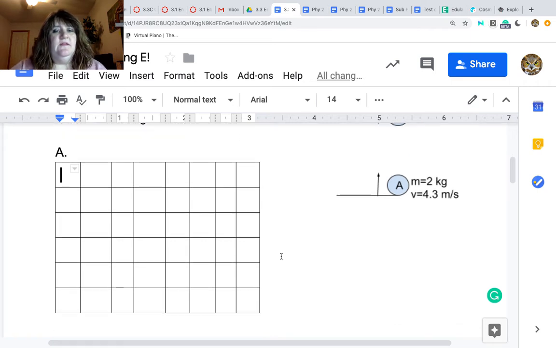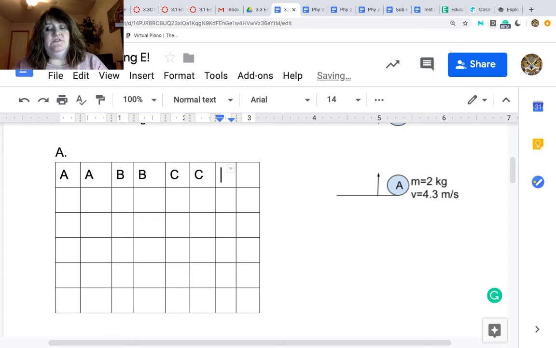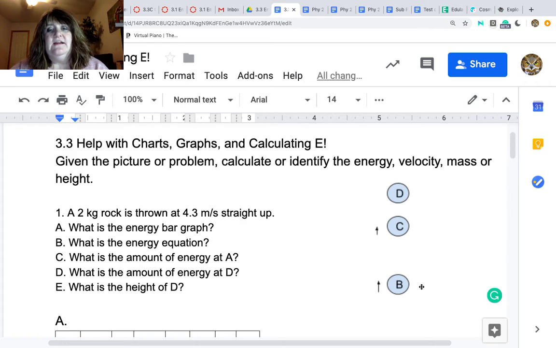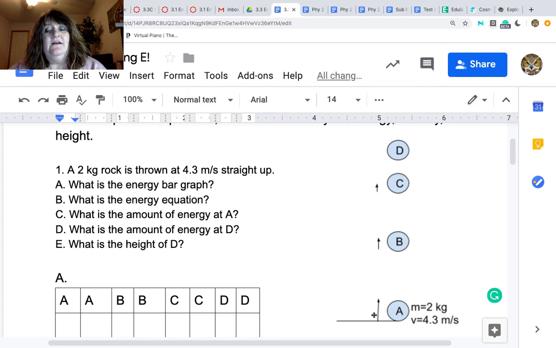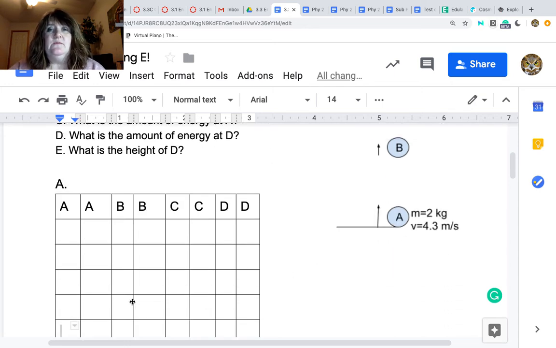So this is at position A. This will be position B, position C, and position D. And the reason I did that is so that I can identify all the kinds of energy in this diagram. Remember, you're looking for all 4, but in this one, you only have EG and EK. I'll do another one that has more of them.